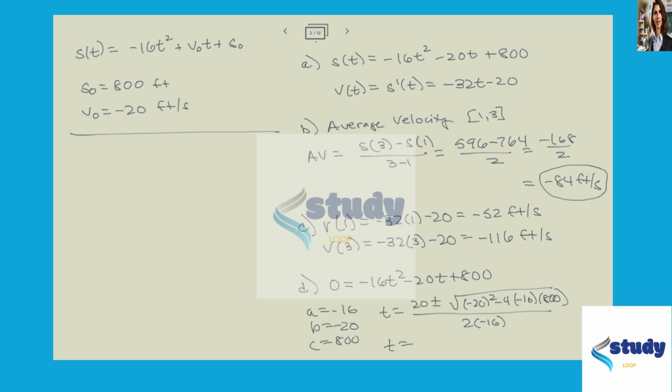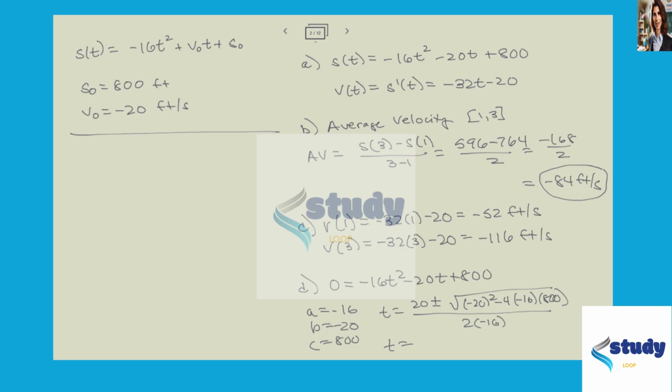And then I'm just going to use my calculator to figure that out. Or you can use a quadratic formula app. A is negative 16, B is negative 20, and C is positive 800.